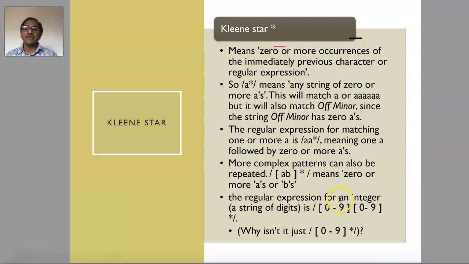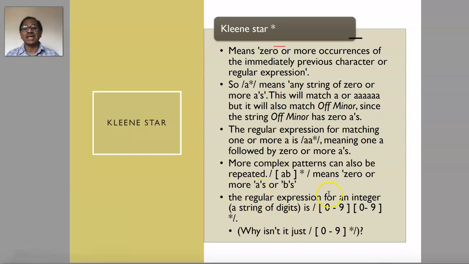So the regular expression for an integer consists of a string of digits 0 to 9. It is not only a single digit; an integer can be 10, 11, or 94, or 934. The first one is a digit, and then the rest are also digits. The rest are repeated.